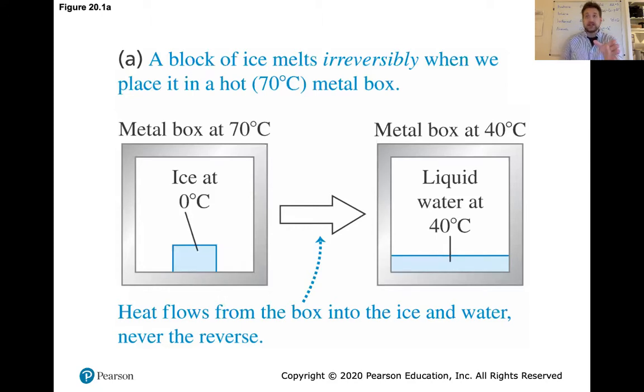We've converted the thermal energy of the metal box into work to change the crystal structure of the ice and change its phase, and then to change the temperature of the liquid water. We can't undo that. We can't get that thermal energy back.